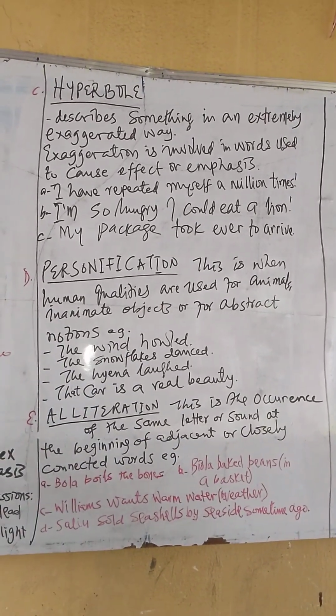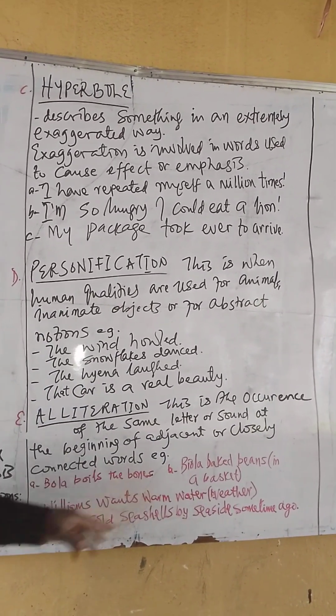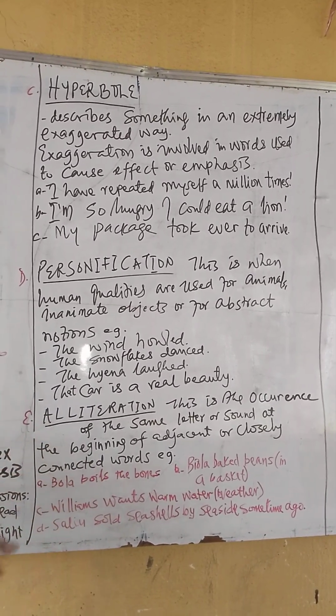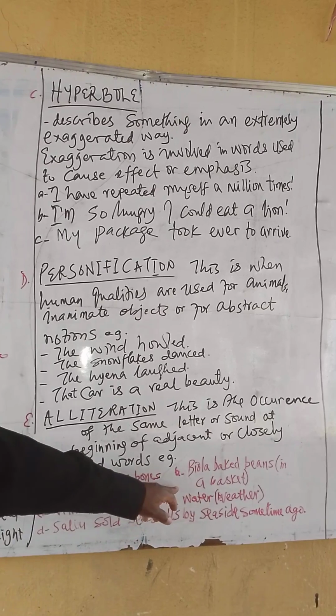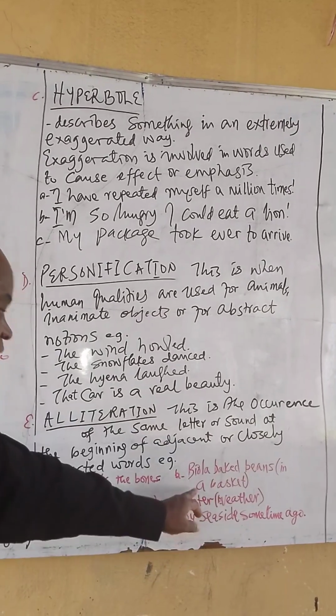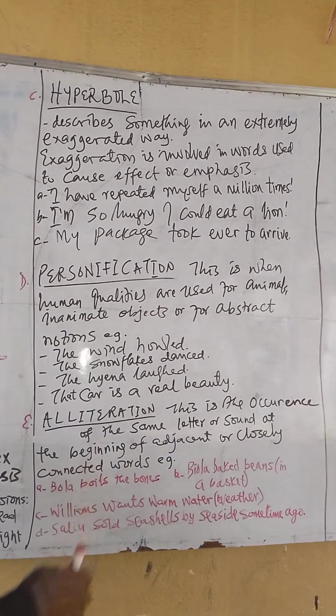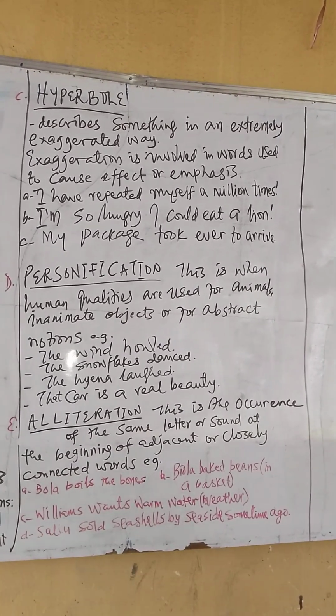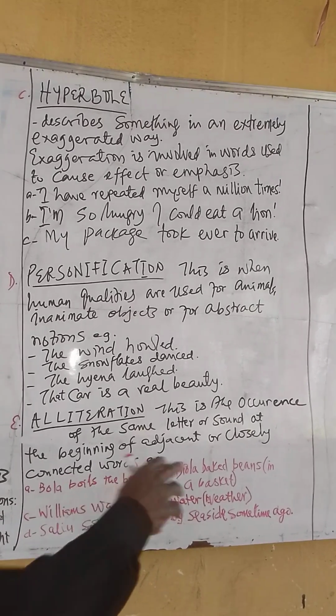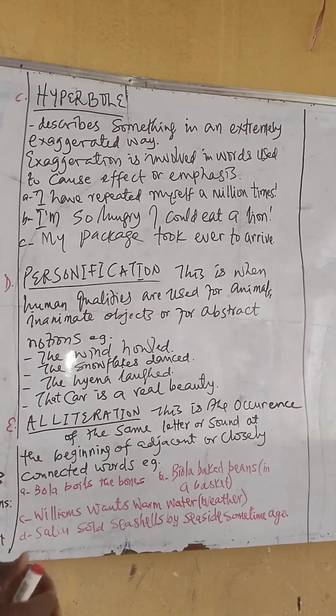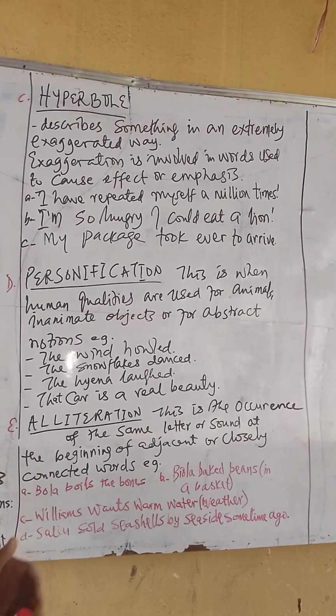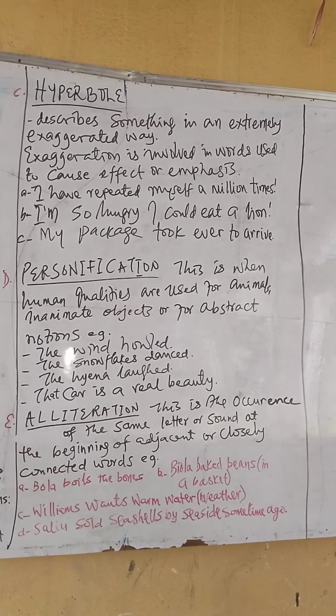What's she going to do with the bones when she boils them? But it creates an impression that, look, this is an alliteration. Secondly, Biola baked beans in a basket. You want to use particular words with the same sound to go on together.